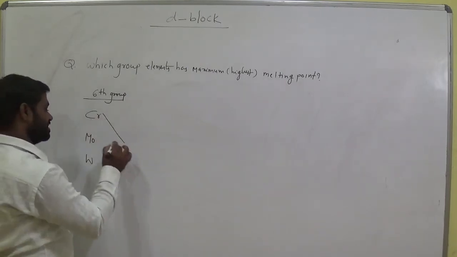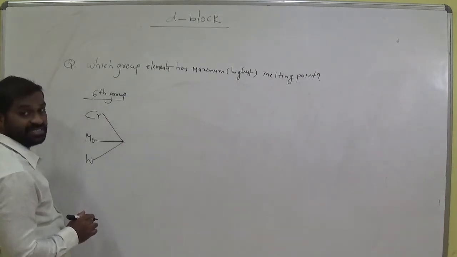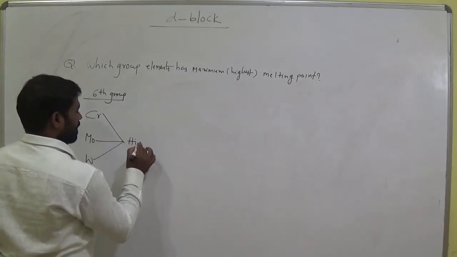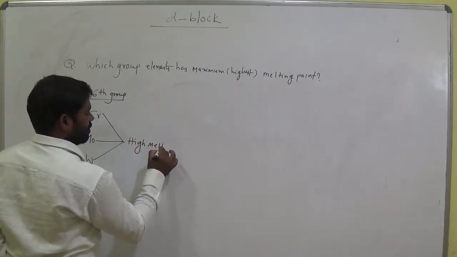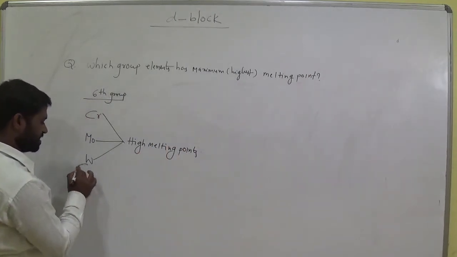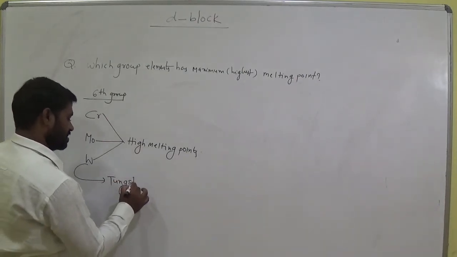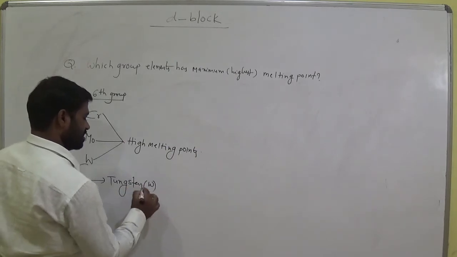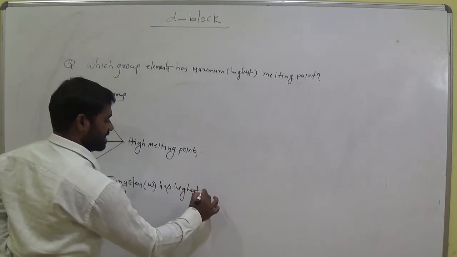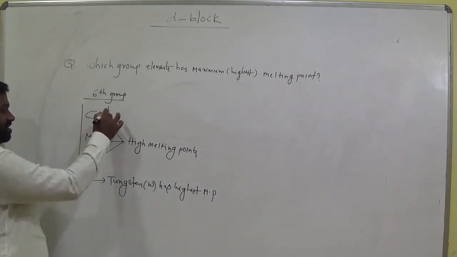These three metals belong to the sixth group of the transition metal series, with high melting points. In that, especially tungsten has the highest melting point. Keep it in our mind. These belong to the sixth group.